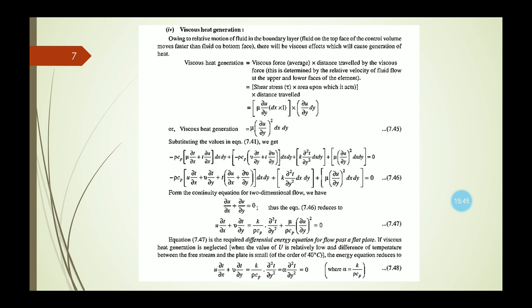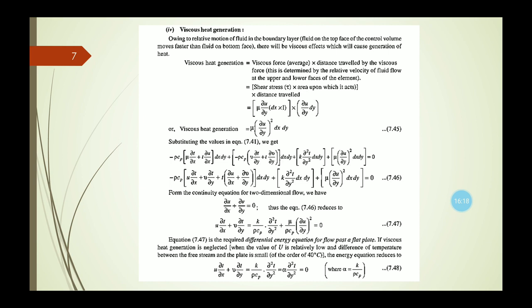Now in the left hand side of the equation number 7.41 we had four different terms, and for all those four terms we have formulated their equations. Now if we put all the equations for the four different terms of the left hand side of equation number 7.41, then we will be getting ultimately the 7.46 after 3 or 4 steps and some rearrangement.